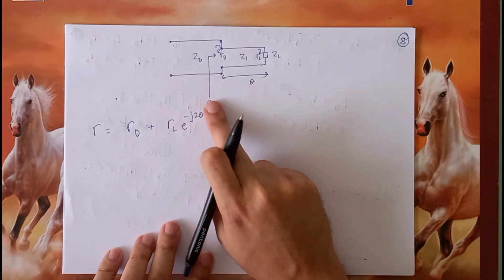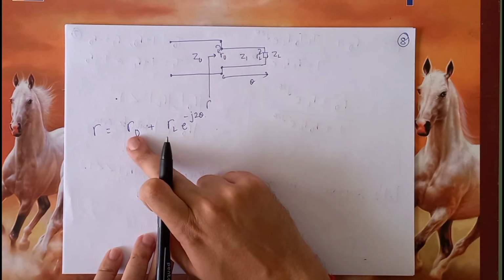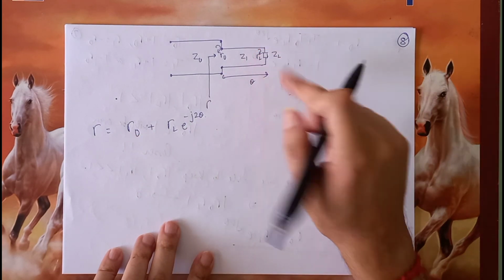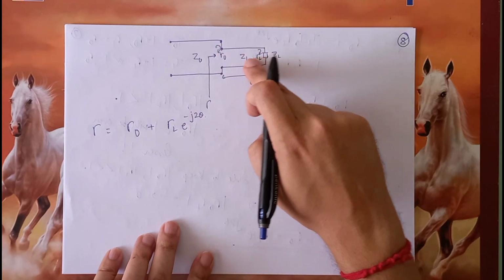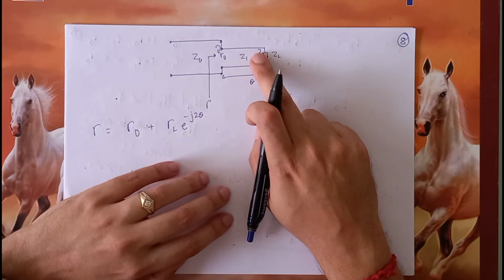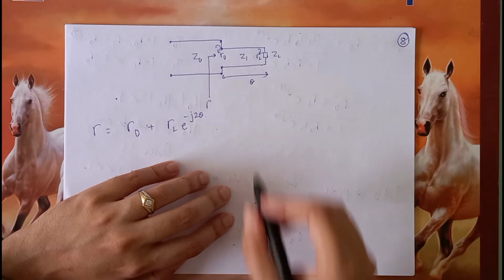So if my point of observation is over here, this gamma 0 comes as it is, whereas this gamma L comes but along with that phase term which corresponds to one round trip for the wave to go here and come back.